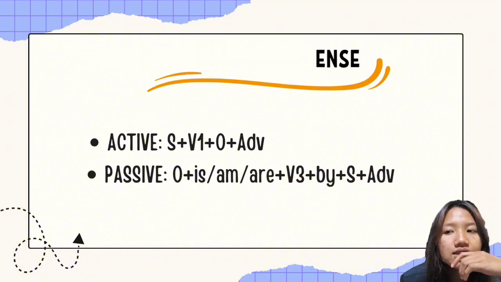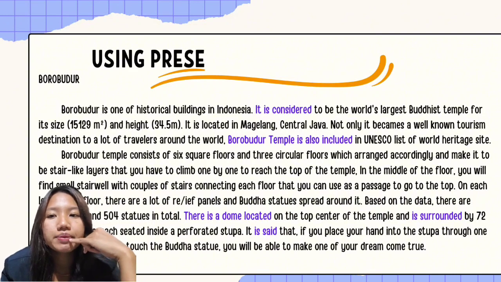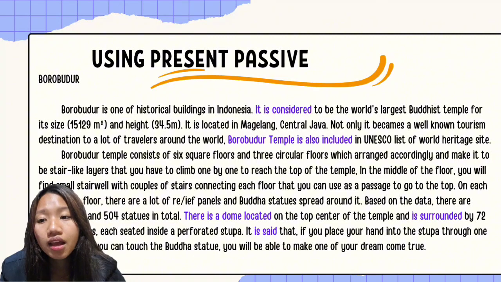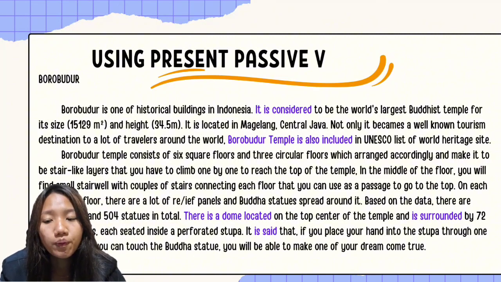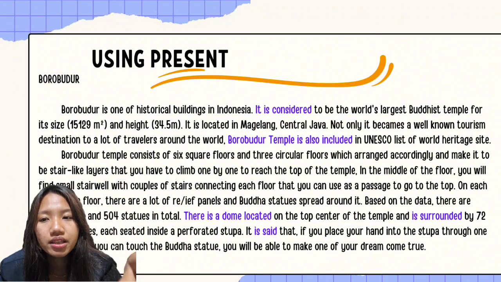So next is the example of using present passive voice. There are: it's considered, and then Borobudur Temple is also included, and then there is a dome located, and then this surrounded, and the last is it is said. It's all present passive voice.